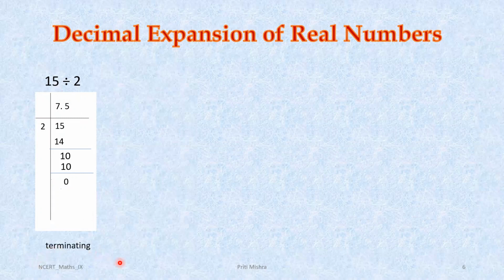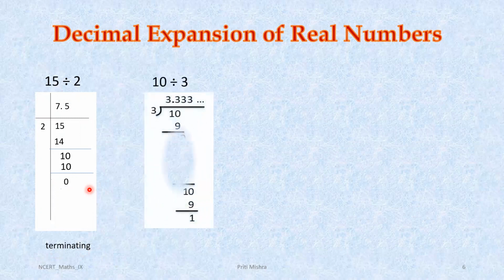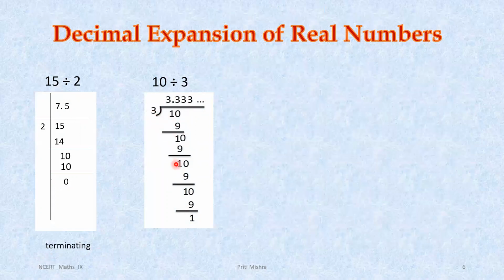Now you have to learn new terminology. This is terminating decimal expansion. Now if we have to divide 10 by 3, this division is a never-ending process, because every time we get 1 as a remainder, and in the quotient we get 3.333 and so on. This process of division is never ending, because in the remainder we are not going to get 0.